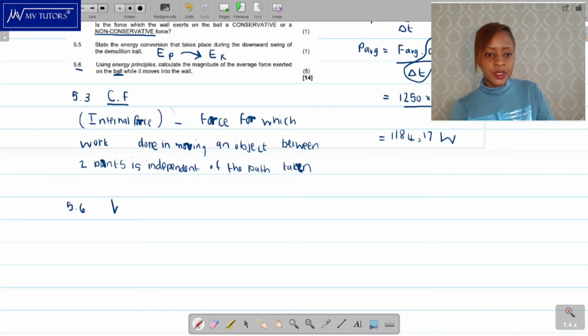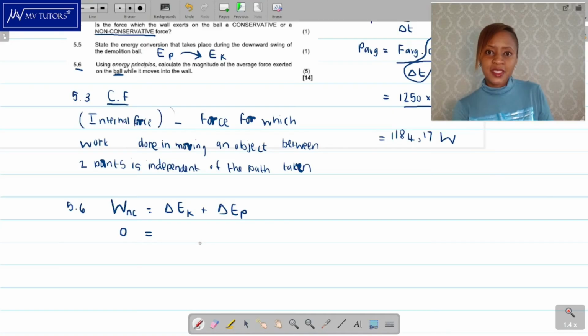So the work done by a non-conservative force is equal to the change in kinetic energy plus the change in potential energy. And we know that this non-conservative force is 0.